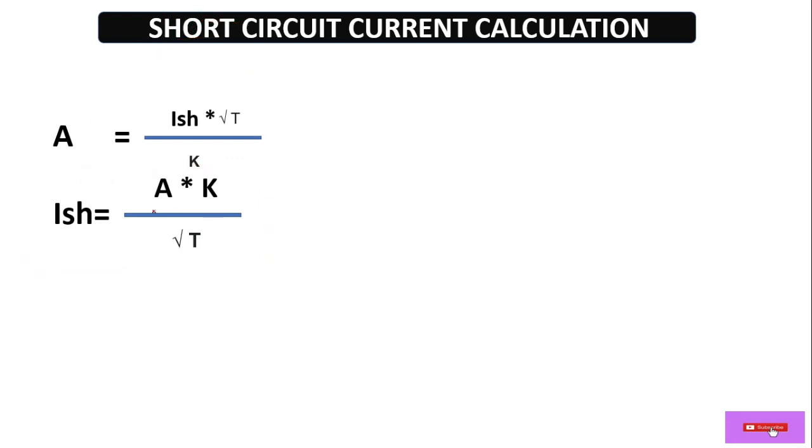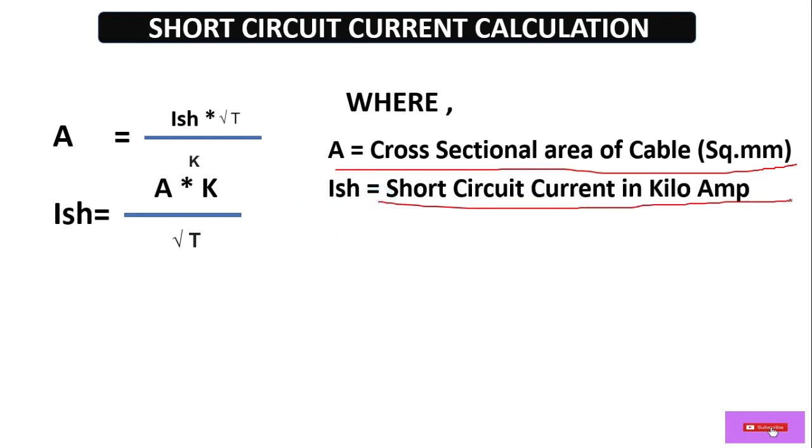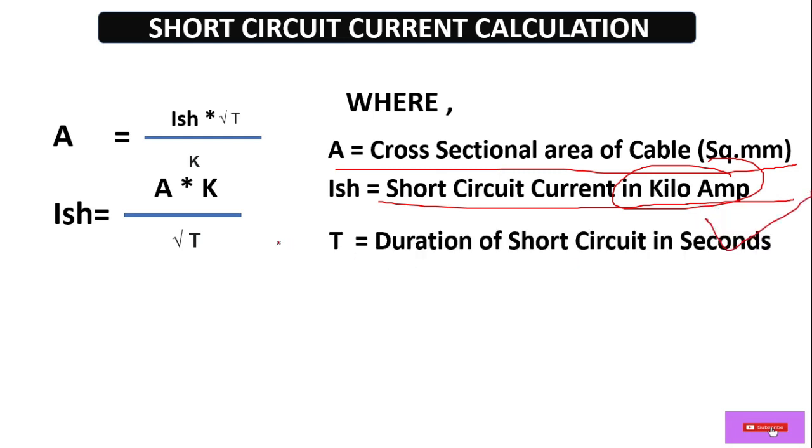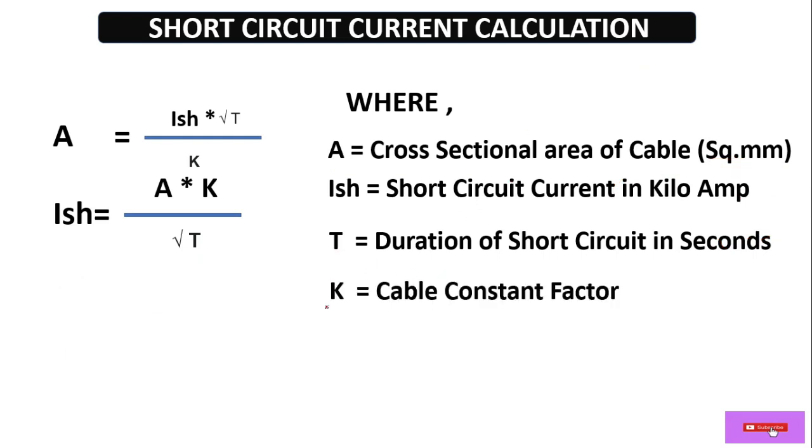As I have already told you, A is the cross sectional area of the cable, Is is the short circuit current, which will be in kiloampere, and t is the duration of the short circuit in seconds, that is, the tripping time of the MCB or any circuit breaker. And K is the cable constant factor.